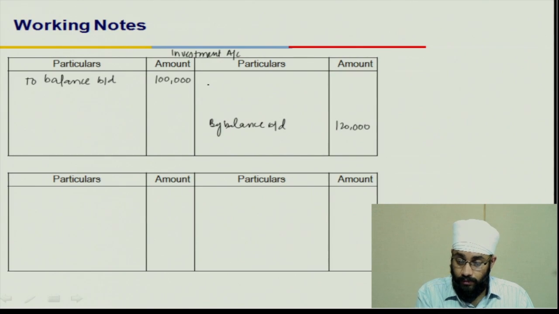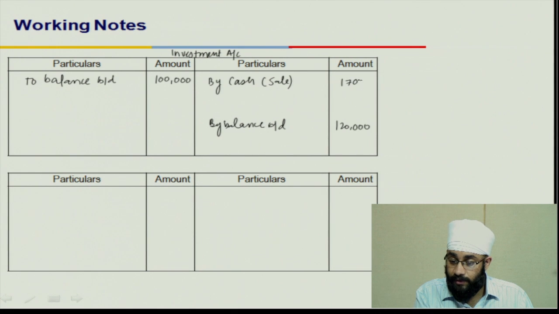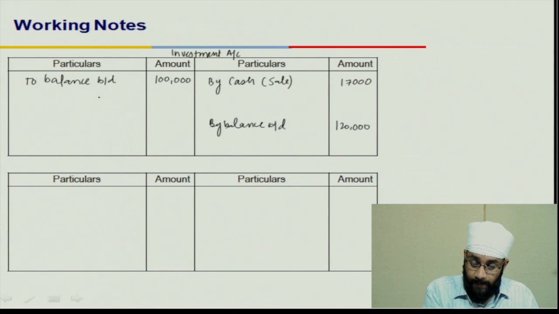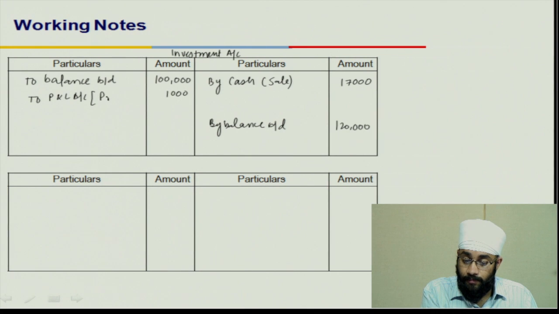So in the working note we have sale of investment, so it's going to be by cash. This is sale equal to 17,000, and we know there is profit of 1,000. So to profit and loss account, which means profit on sale here.